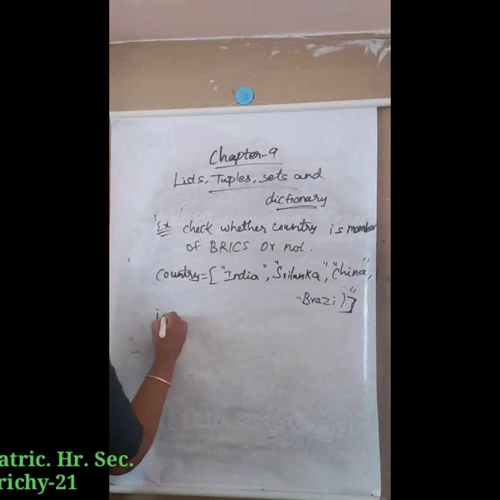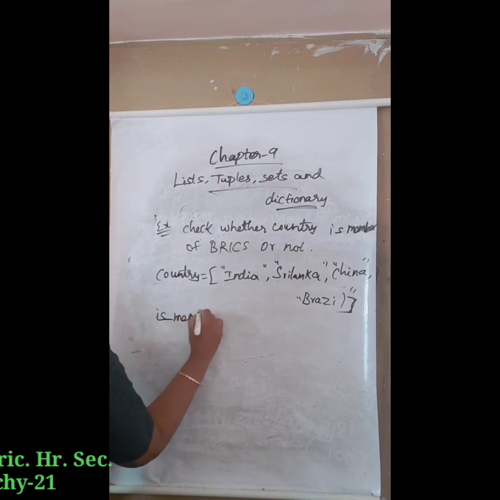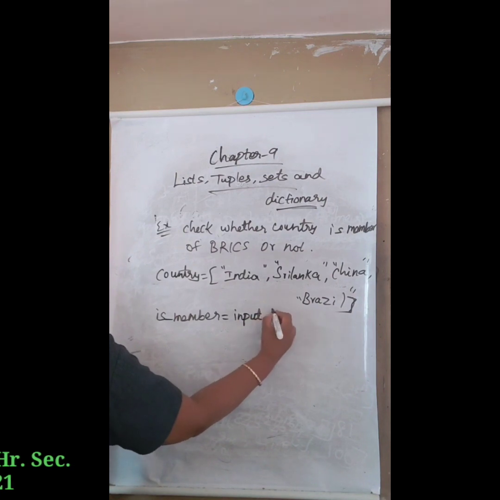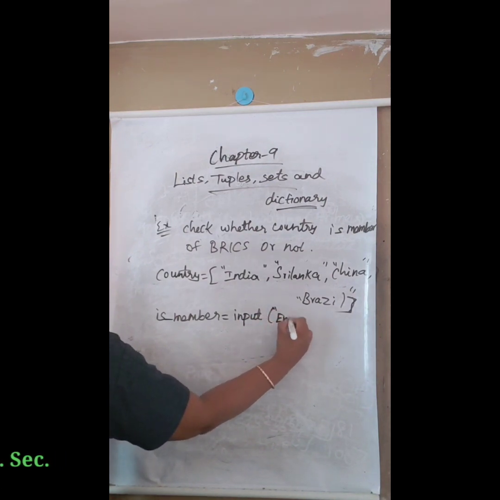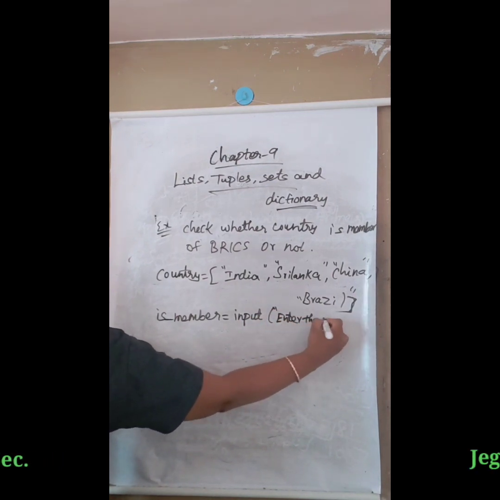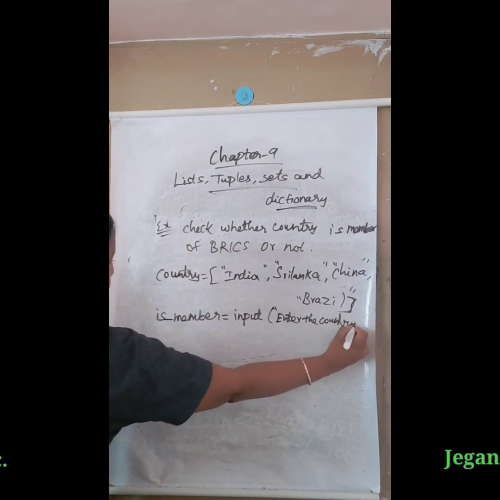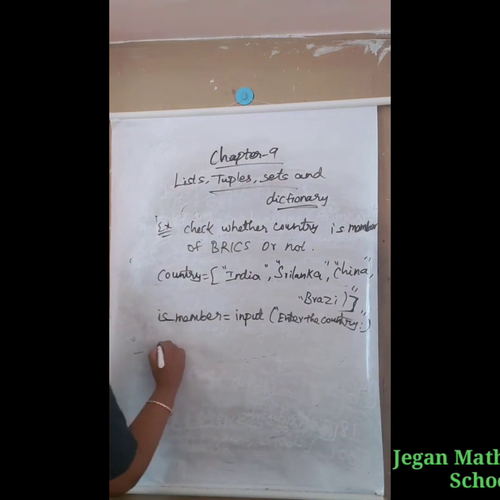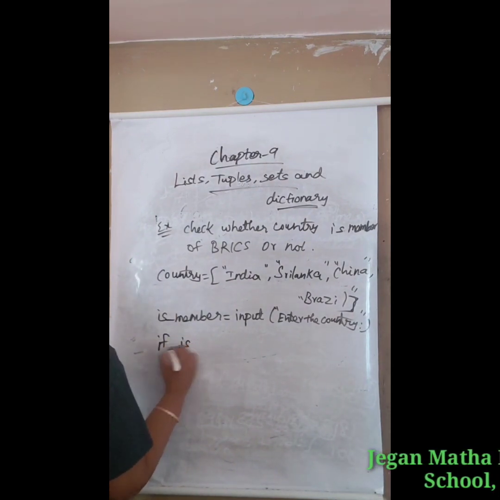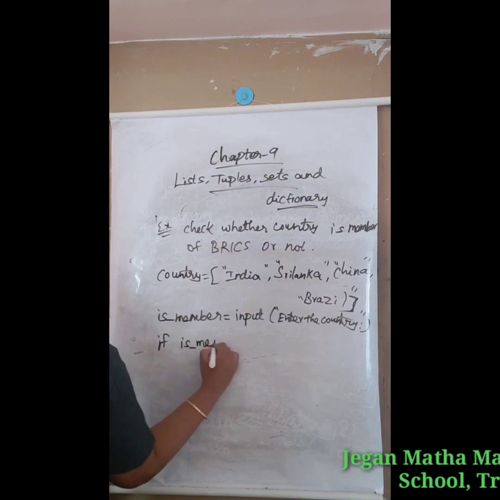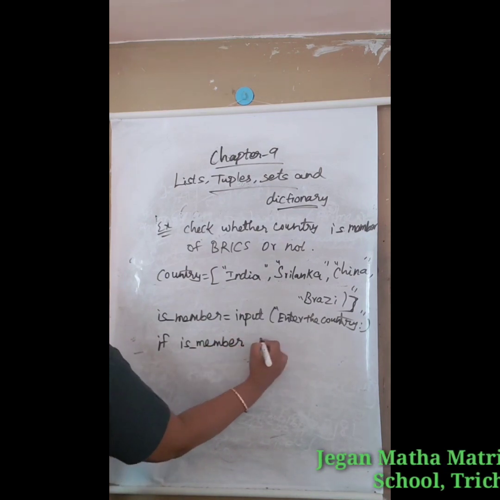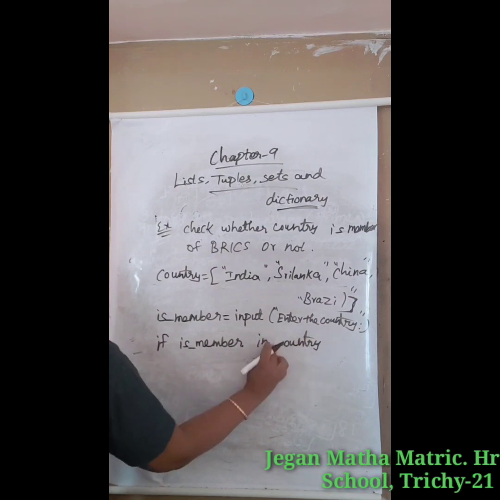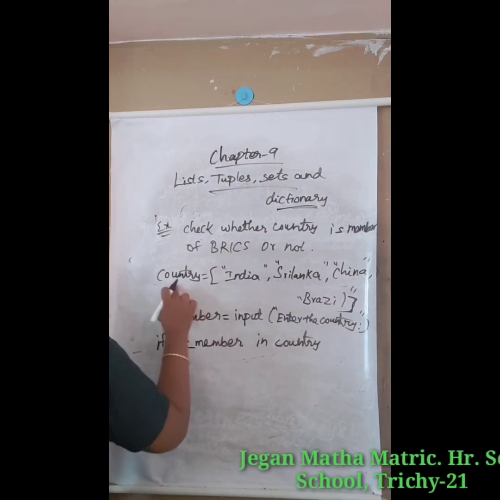We use a variable is member for input. Is member equals input, enter the country. After entering the country, it checks the condition: if is member in country, that is, whether the entered variable is present in the country list or not.